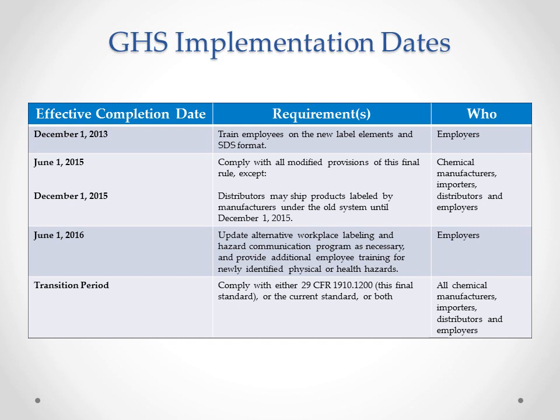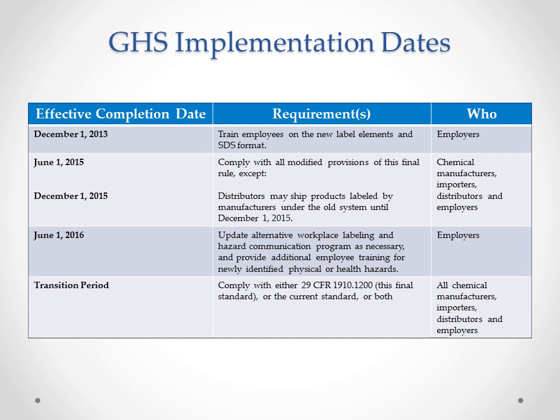They have to get rid of all the old products and have them out of their warehouse by December 1st, 2015. And then 6 months after that, June 1st, 2016, all workplaces must be in compliance, where all the labels, all the safety data sheets are under the new standard.